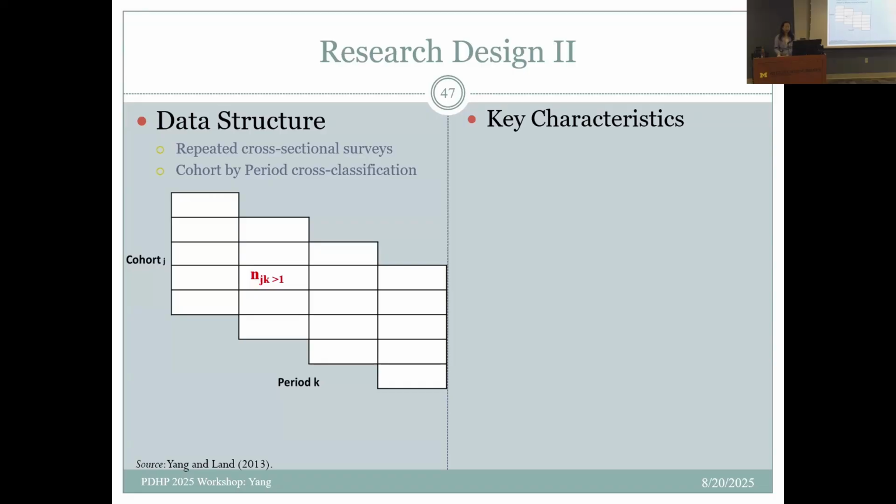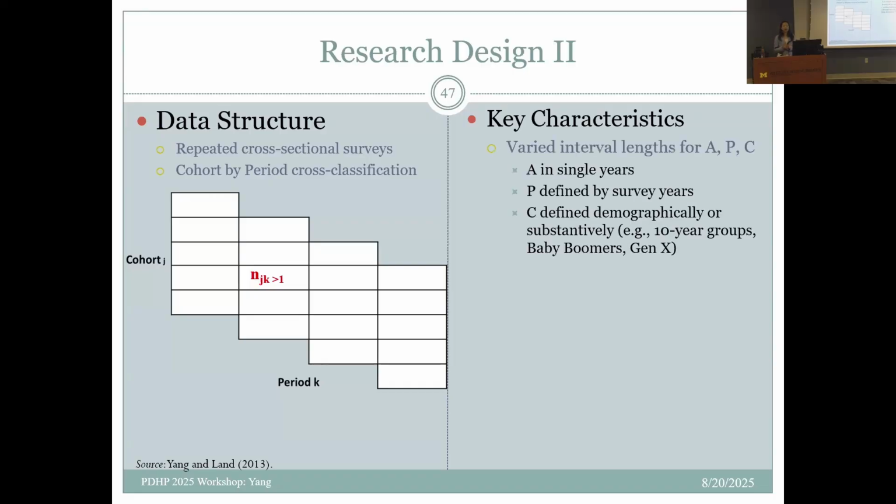The key characteristic of this kind of data is immediately different from the first one, because you have varied interval lengths for the three variables. Age in surveys is usually measured in single years. P is usually defined by survey years, and C can be defined more flexibly, either demographically as before, such as 10-year groups, or substantively by pop culture, such as baby boomers, Gen X, Gen Z, and so on.